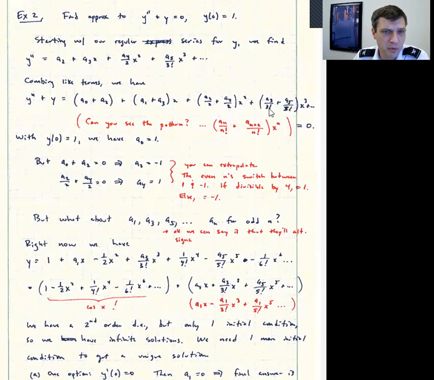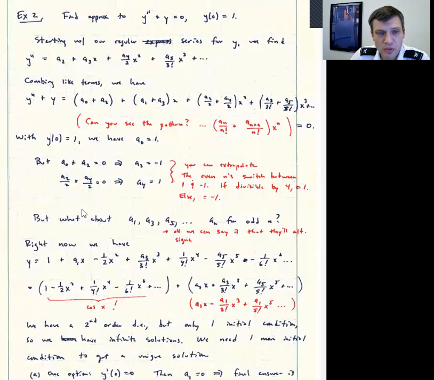All right, so now with our initial condition, y of 0 equals 1, that means a naught is 1. And then that pattern we had before lets us find out some stuff very quickly. If a naught is 1 and a naught plus a2 is 0, because the whole differential equation is equal to 0, so each of these parenthetical things must be 0, then a2 must be negative 1.